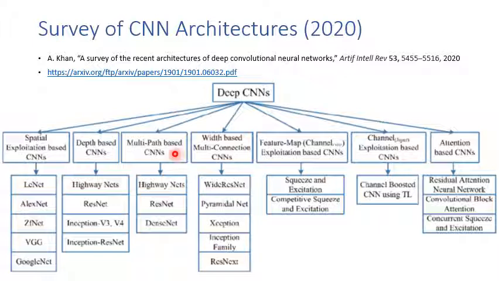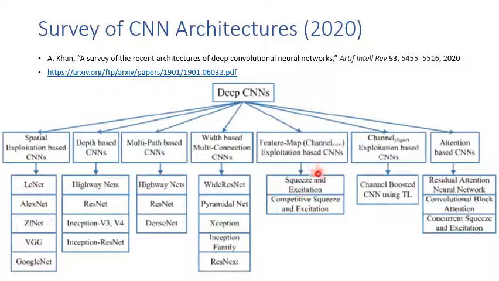There are new models that explore multi-connection, following the work of ResNet, like DenseNet or Highway Nets. Still other works explore width change and width-based multi-connection networks, like Xception, which is categorized in this area.